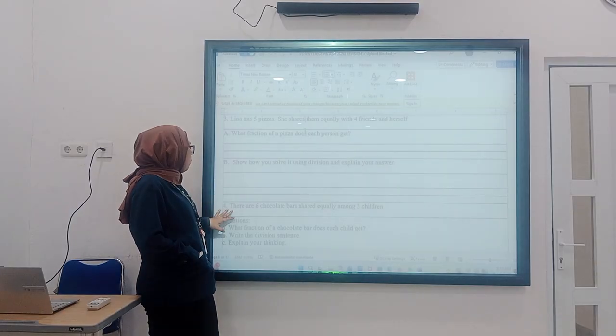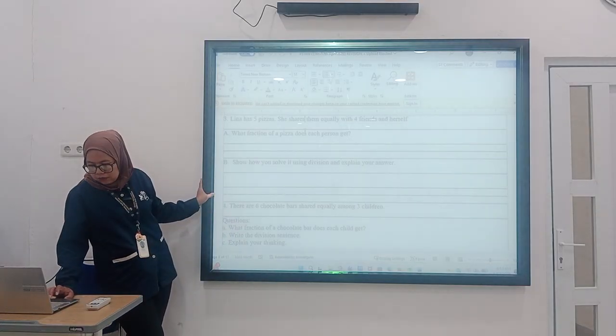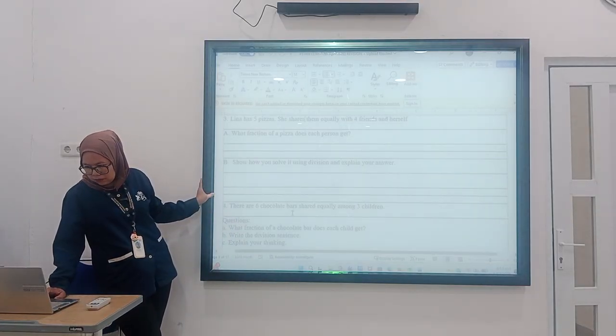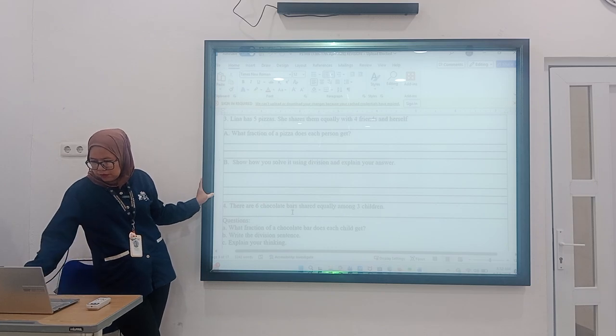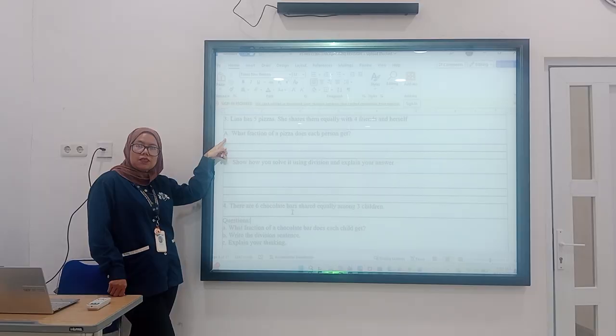And then number 4, there are 6 chocolate bars shared equally among 3 children. Can I change this answer, 3A?